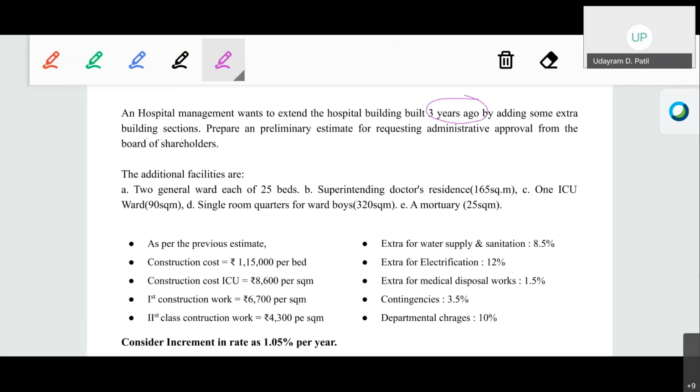Prepare a preliminary estimate for requesting the administrative approval from the board of the shareholders.